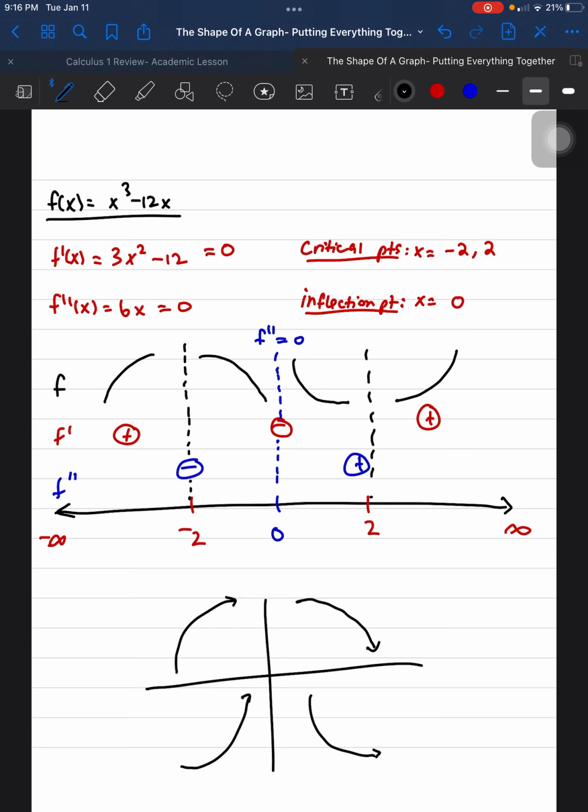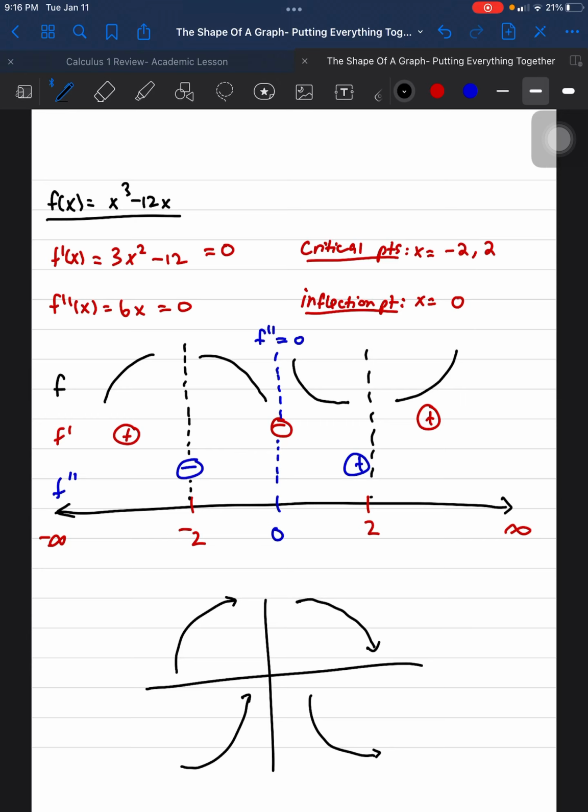So now that we figured out how the concavity changes and the signs of the first and second derivatives, we can actually start graphing this function. We can just make a general graph. We don't need to make a very specific graph just yet; we need a little bit more information to do that.